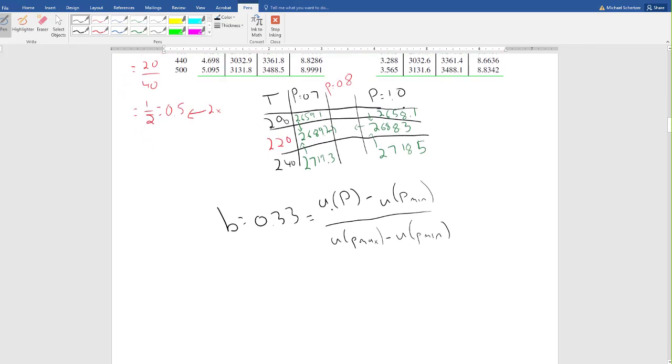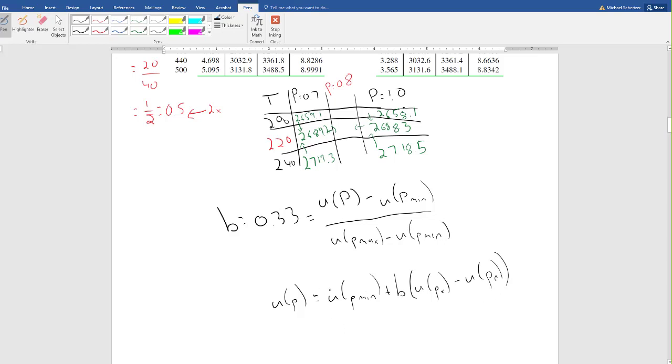So here, even though the bigger number is this number, I'm going to put that in as U of P min. We're going to isolate this for U at the pressure we're looking for. This is going to be U at P min plus B times U of P max minus U of P min.